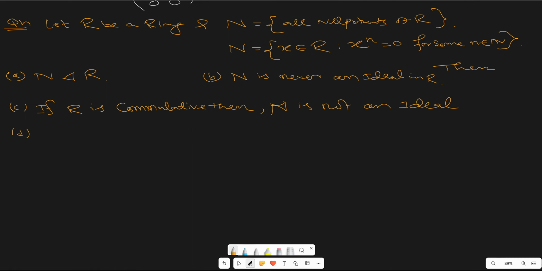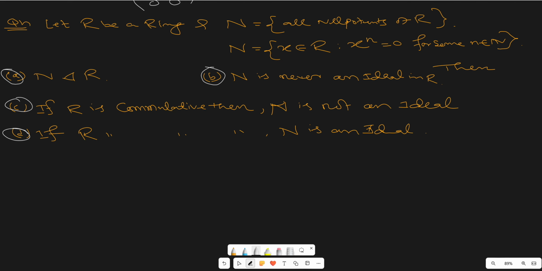And option D: if R is commutative, then N is an ideal. Which of the following is or are true? This is option A, this is option B, this is option C, this is option D. Right? Which of the following is or are true?